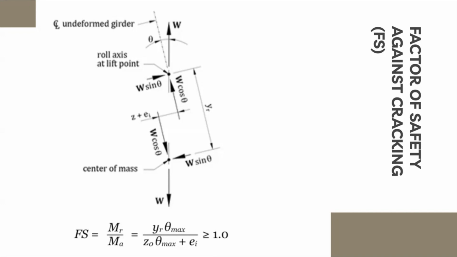Mast, who wrote one of the governing books about factor of safety and girder stability, recommends that the factor of safety should be greater than 1, which we can also see down here at the bottom.